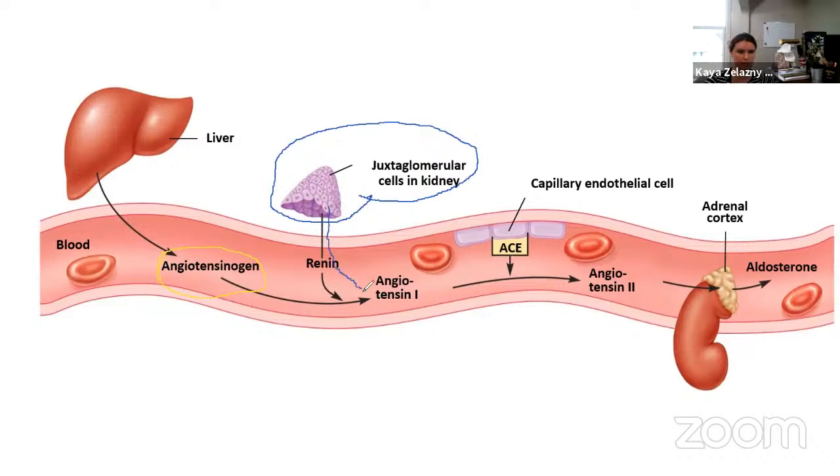That converts angiotensinogen to angiotensin 1. We then have enzymes in the capillary endothelial cells in that wall that convert it to angiotensin 2, which ultimately tells us to release aldosterone, which is what's directly affecting our solute concentrations.